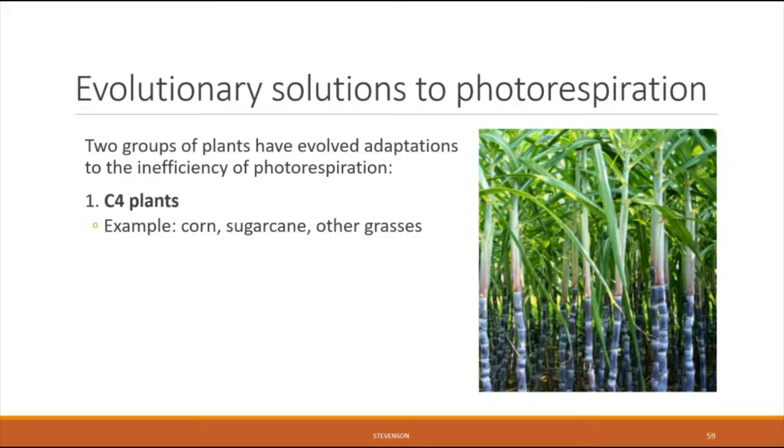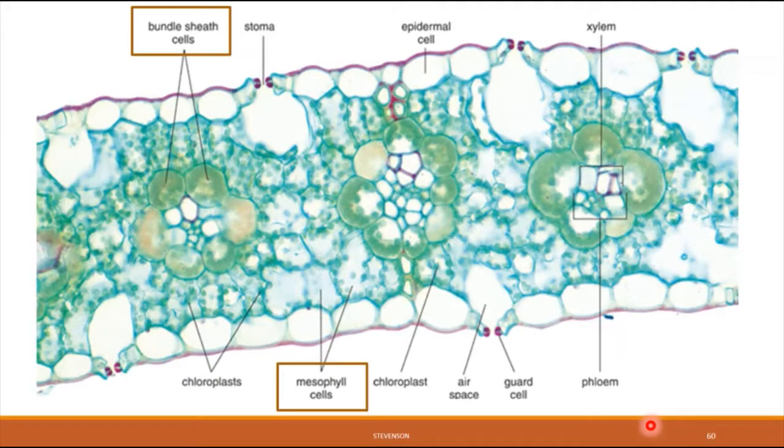C4 plants include a lot of different plants that are considered grasses. Important agricultural plants that are in this group include corn and sugarcane. And the C4 plants have solved their photorespiration problem by spreading out the steps in the Calvin cycle and collecting the CO2 in one type of cell and performing the Calvin cycle in another type of cell.